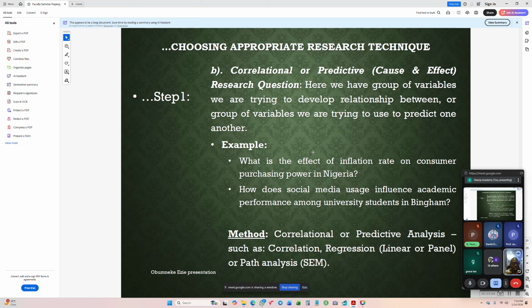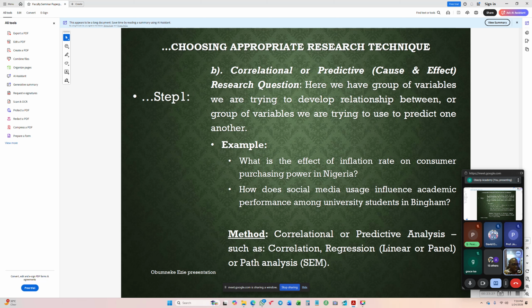Or how does social media usage influence academic performance among Bingham University students? In this kind of research question, we have two variables clearly specified, the dependent and independent variable. In the first research question, the independent variable is inflation rate and the dependent variable is consumer purchasing power.